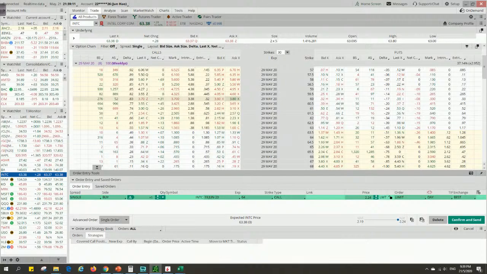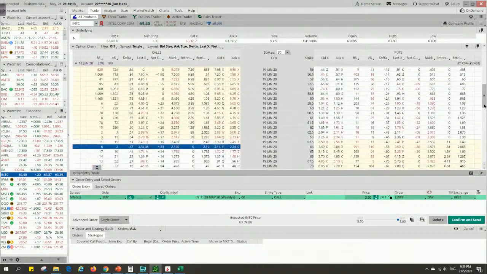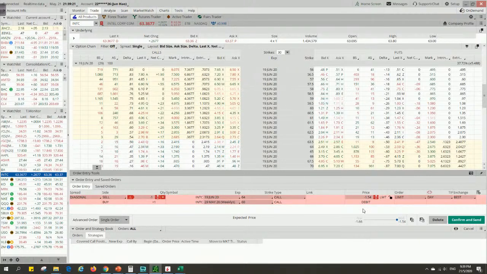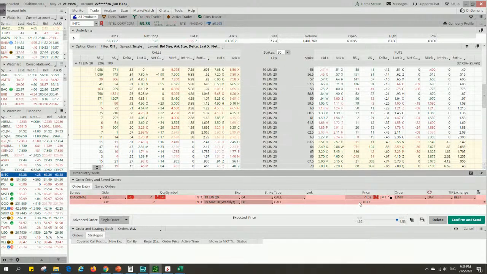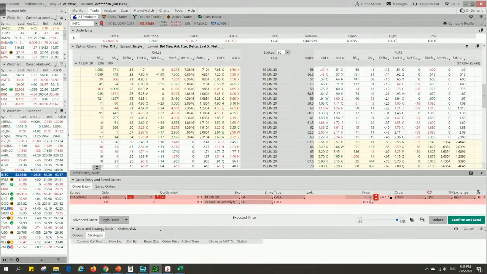I click on buy, hold the control key, go down to the 19 June expiry, right click, hold my control key and then click on sell. If I take this second alternative way of managing the trade, I have to pay an additional $153.